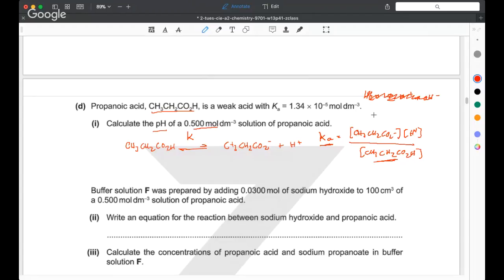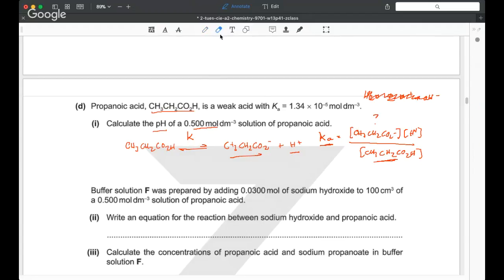We don't know anything about that, except, look carefully, the hydrogen ion concentration and the propanoate anion concentration have to be the same, because there's a dissociation here, and for every hydrogen ion that's produced, there's a propanoate anion that's produced as well.